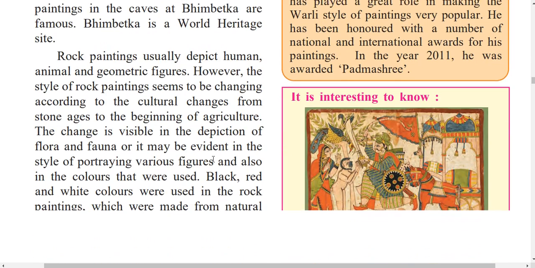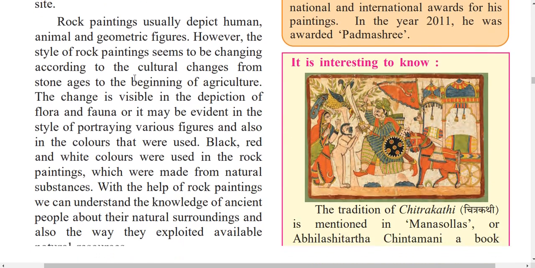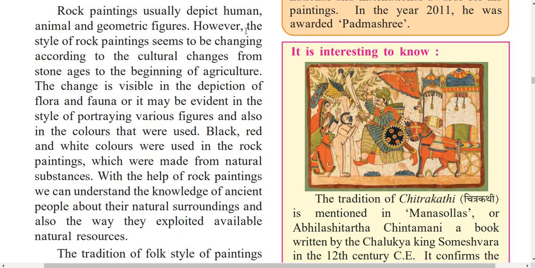Rock paintings usually depict human, animal, and geometric figures. However, the style of rock painting seems to be changing according to the cultural changes from the Stone Ages to the beginning of agriculture. The change is visible in the depiction of flora and fauna, or it may be evident in the style of portraying various figures and also in the colors that were used.